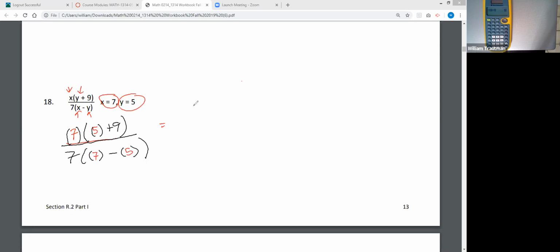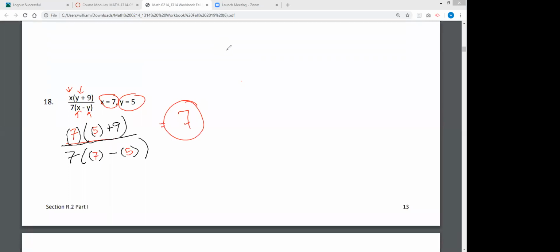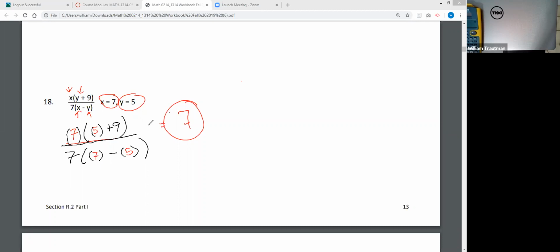So somebody put that in. I'm going to put it in my calculator here. Just look at it really quick. Oh, isn't the answer just 7? Did anybody else get an answer? Just checking. Did anybody else get 7? Oh, wait. Oh, you got a -7?